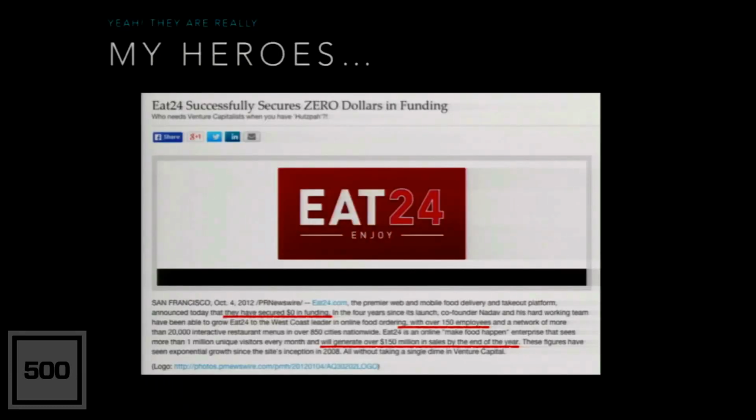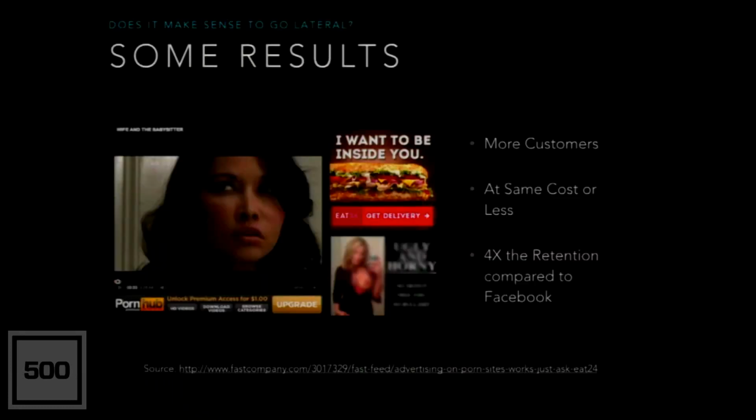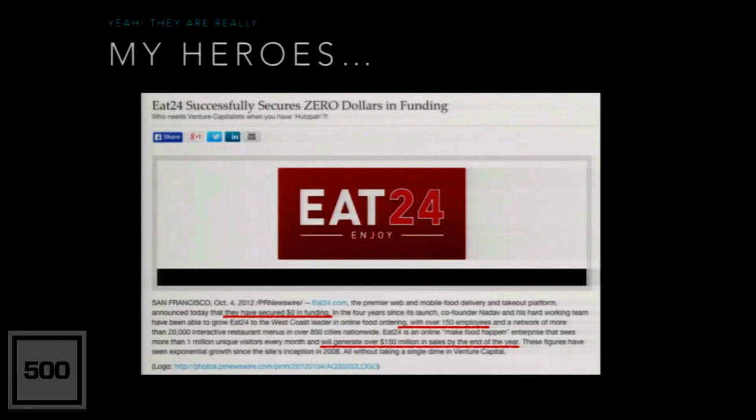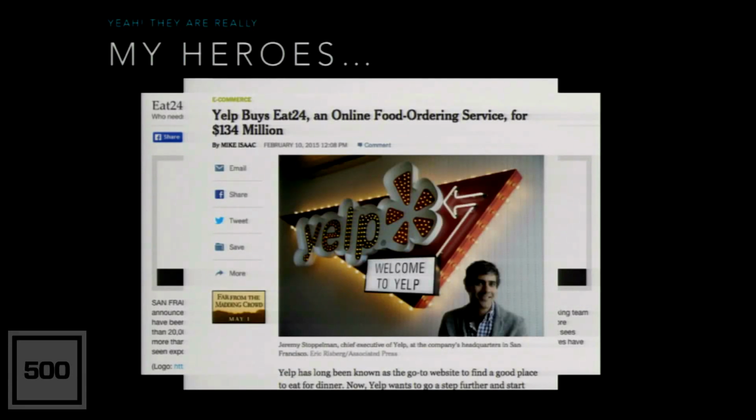And this is an actual case study: the results were more customers at the same cost and 4x the retention. They sold the company for $134 million, so that means these things work.